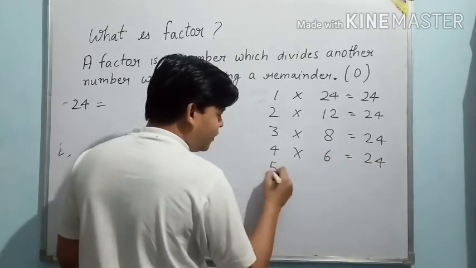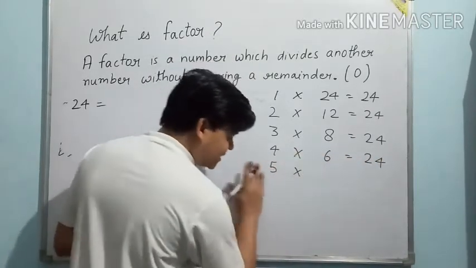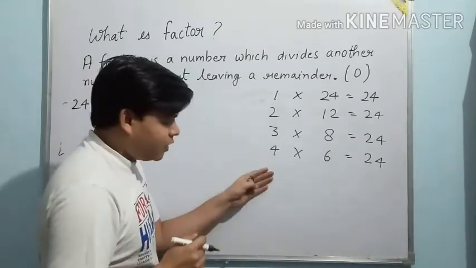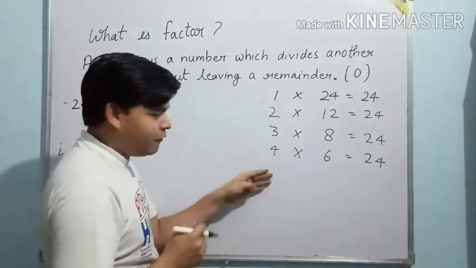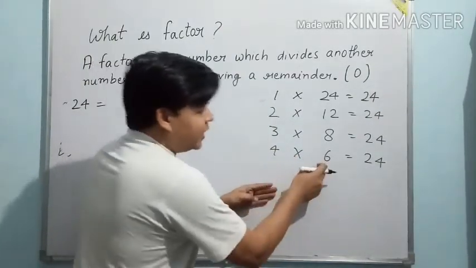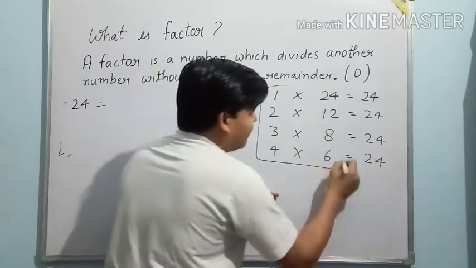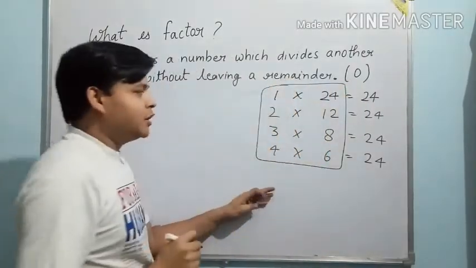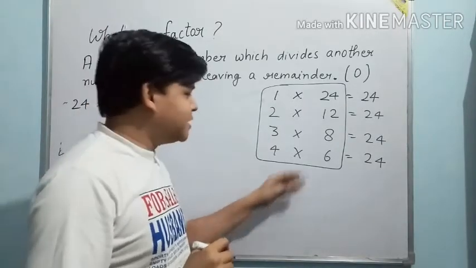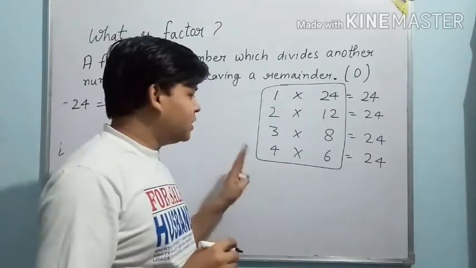In the table of 5, 24 will not come, so we will skip this number. Next, move to the next number, 6. 4 in the table of 4 is done. 24 will come in the table of 6, but 6 is already done here. As I told you, we have to check this portion that no number should repeat. So we will not write 6 again.